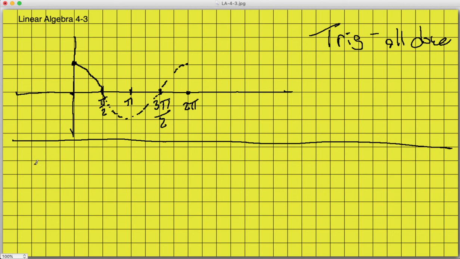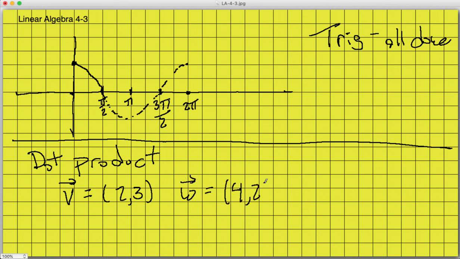Now, I want to talk about something called the dot product. The dot product is something like the following. Suppose you're given two vectors. So suppose I've got v, which is 2, 3, and let's suppose I've got a vector w, which is equal to 4, 2.